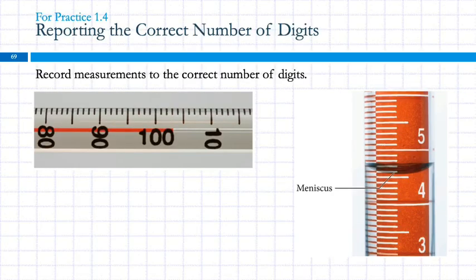So let's practice. So here's a thermometer. This is in degrees Celsius, and they didn't do a real great job of taking this picture because you can barely see where the red level is. It's right there. So let's decide how many digits should we have here.